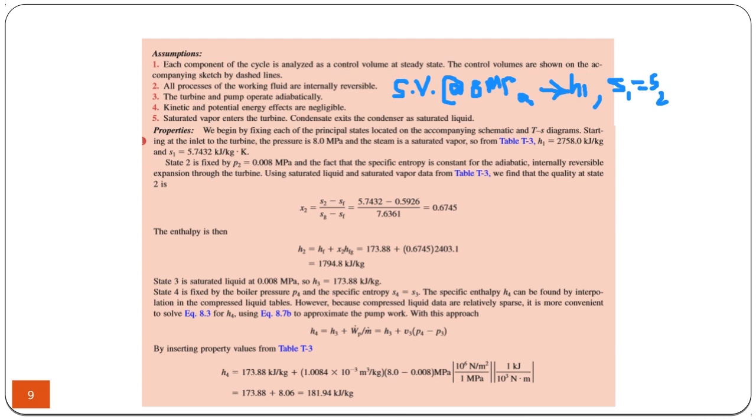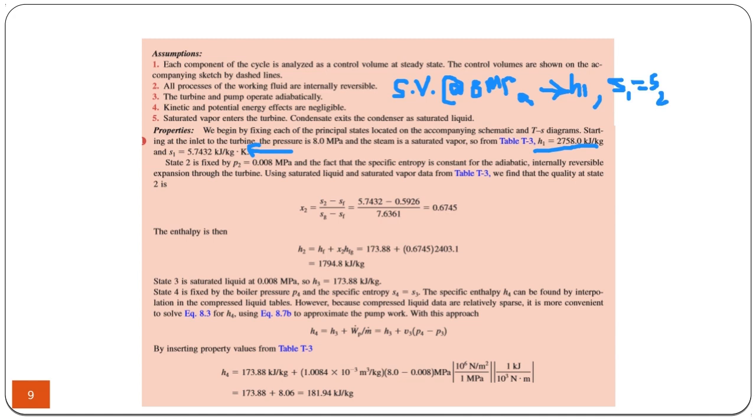So from the table, we find the exit enthalpy of the boiler as 2758 and exit entropy of the boiler to be 5.74432.